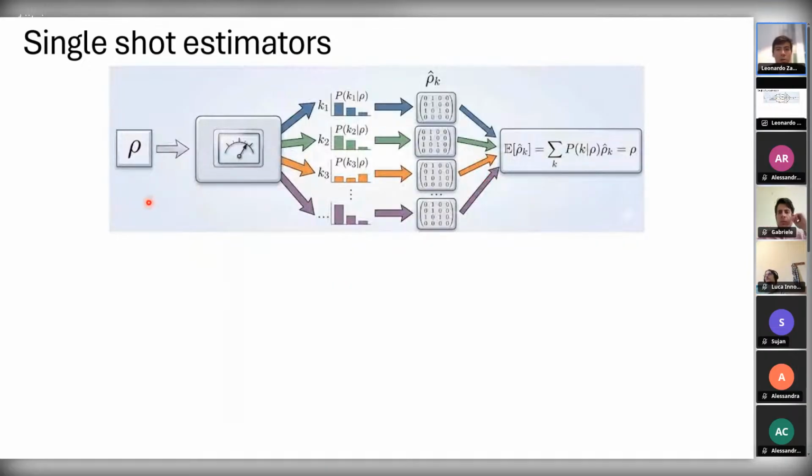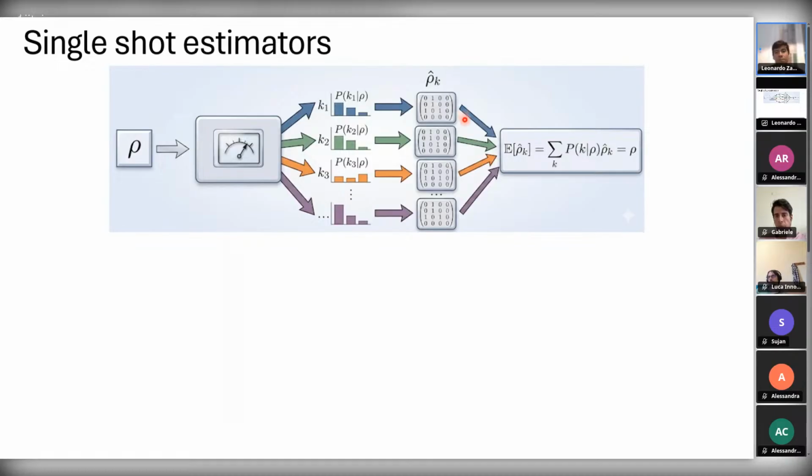So to construct a single shot estimator for the states, we perform an informationally complete measurement that is well characterized, and we construct our estimator as a function of the outcomes. So for each outcome k, there is a matrix rho k that will be an approximation, an estimation, of this quantum state.